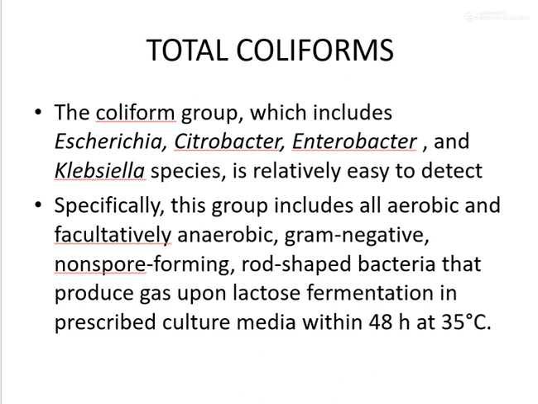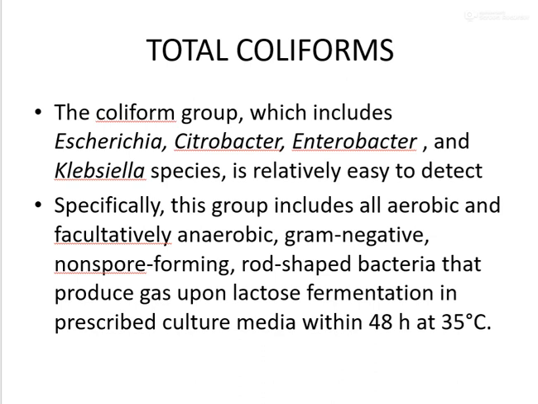A coliform has the property that it can utilize the sugar lactose, and after utilizing it within 48 hours at 35 degrees centigrade, this coliform usually will produce what? Gas. And coming to its features, how it looks, it is gram negative in nature.